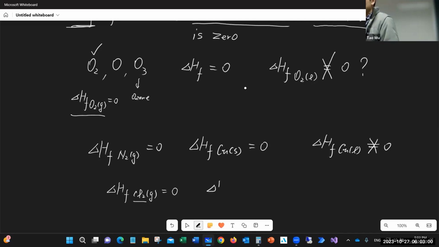And for the enthalpy of formation of carbon, carbon must be a solid at room temperature. There's diamond, graphite, and some other forms of carbon. The most common stable form is graphite. So solid graphite is equal to zero.